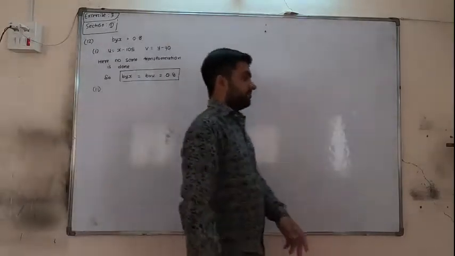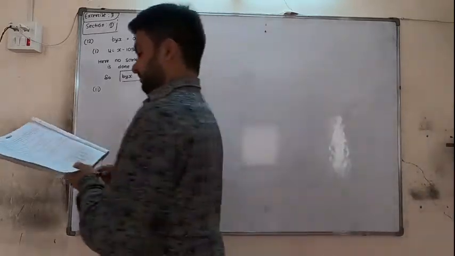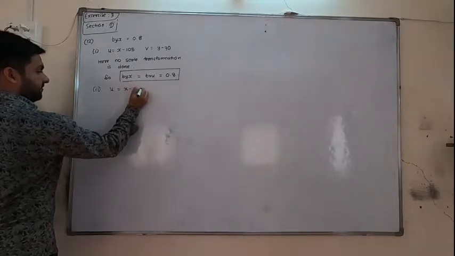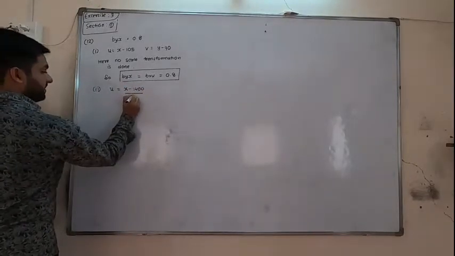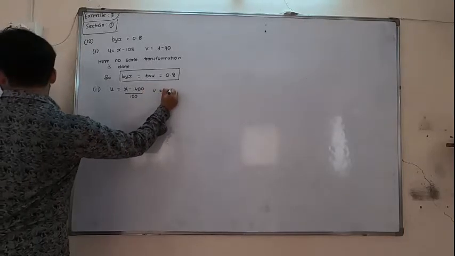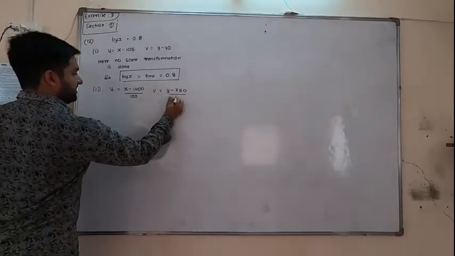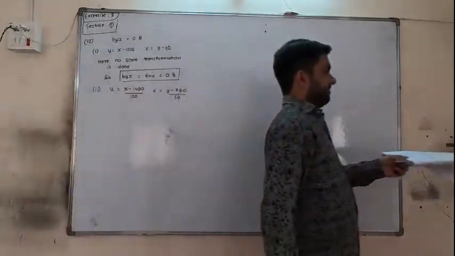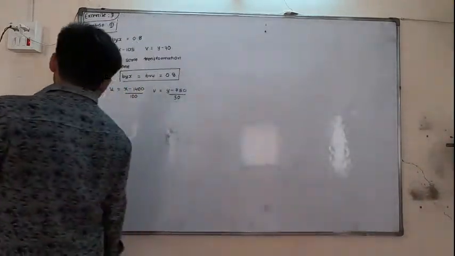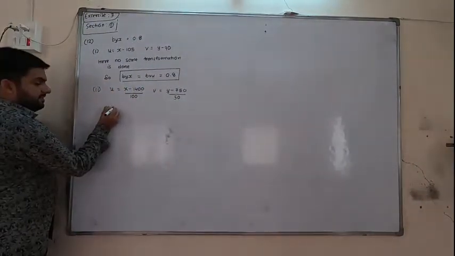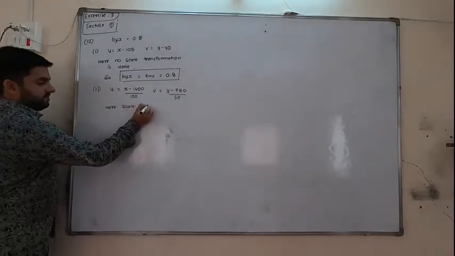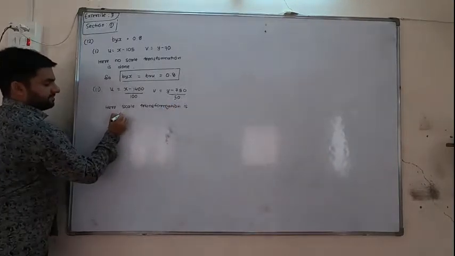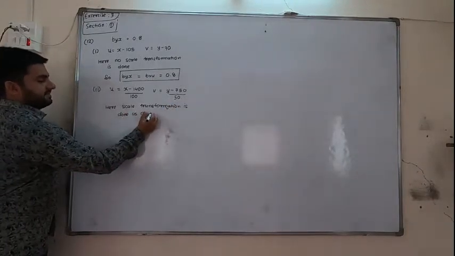Second, u is equal to x minus 1400 divided by 100. V is equal to y minus 750 divided by 50. Okay. Here scale transformation is done as Cx.